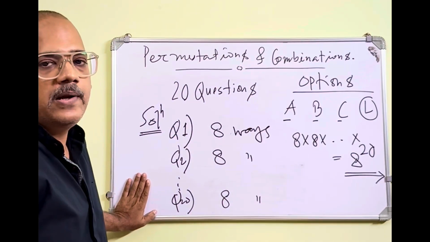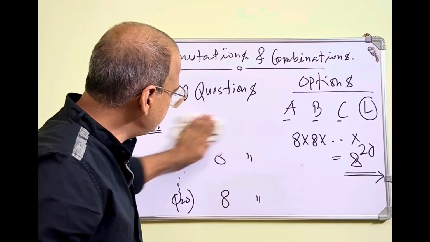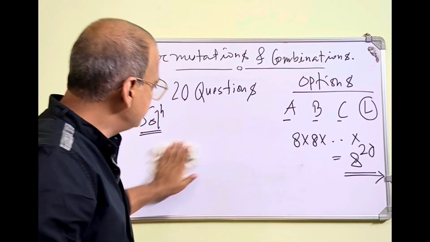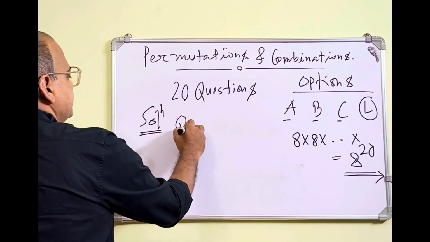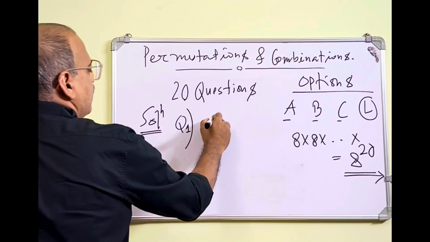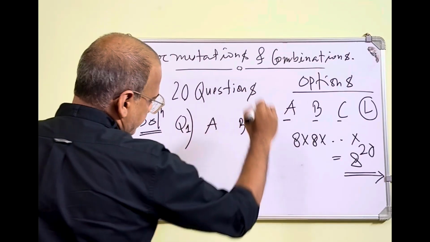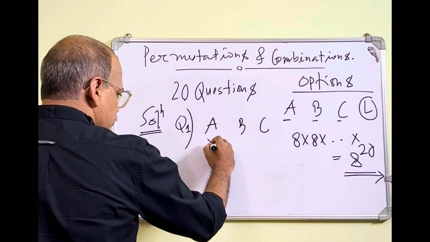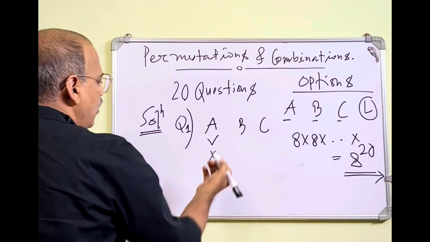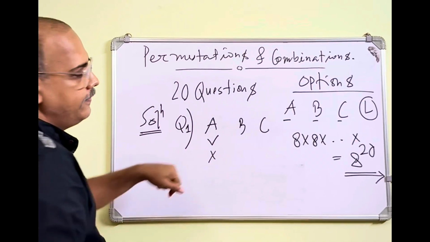The same problem we can approach in a different way. How can you do that? Let's say question number 1. Options are A, B, C. What I can do, there are 2 choices. Either I can choose or I can leave. Tick for choose, cross for leave.